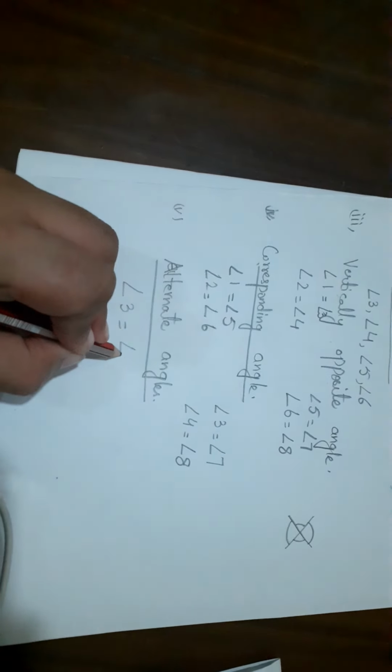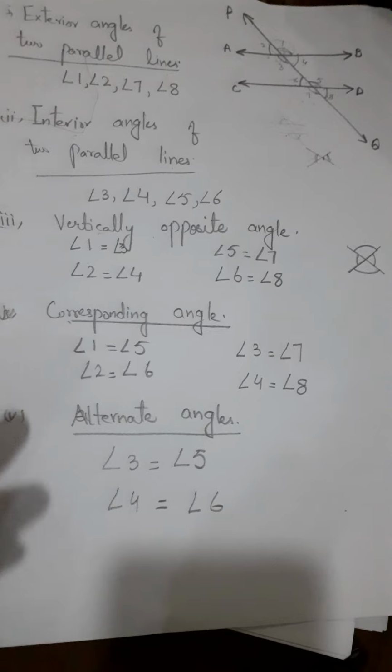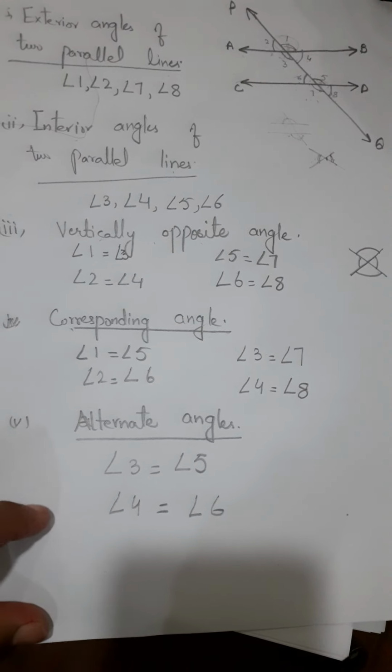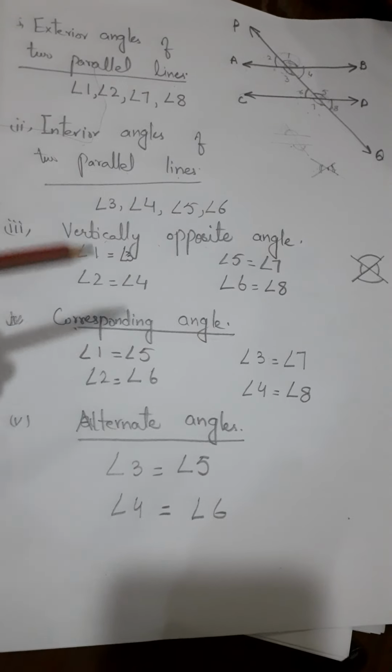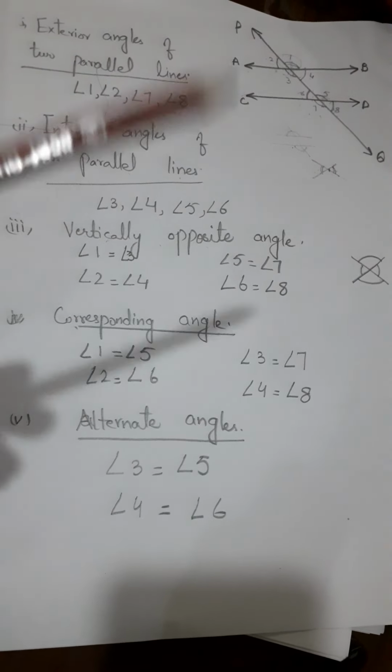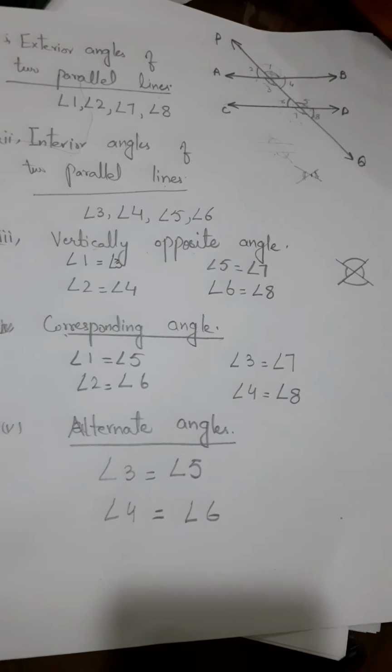Okay class, hope you understand the 5 types of angles. So inshallah you do this exercise. These 5 angles, learn them again and again. These 5 angles are most important. If you understand these 5 properties, you can easily do the questions on parallel lines. Understand class?